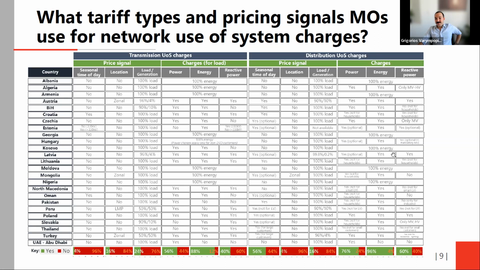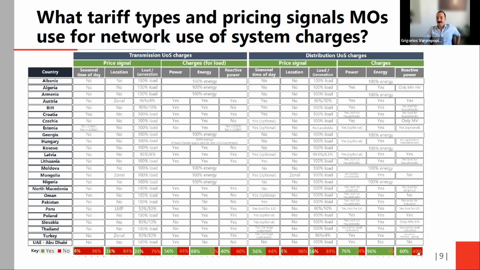For the types of charges that are being applied, the demand charges in comparison to the use of system charge for transmission are much higher, so 76% of countries adopt a demand charge. Again, the majority of countries use energy charges in the tariff structure, 96%, almost all.